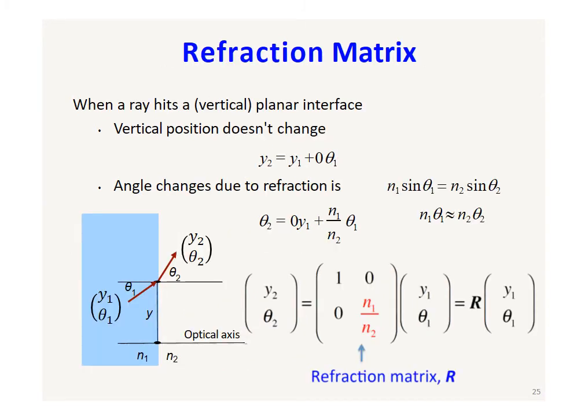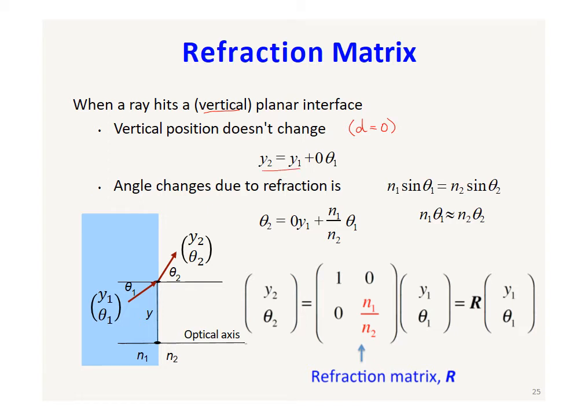Sometimes we give it the symbol T. In the case of refraction at a vertical interface, when the refraction takes place, there's no horizontal translation. So I'll just put d equals 0 to remind you. And in that case, the vertical position doesn't change. So y2 is equal to y1.